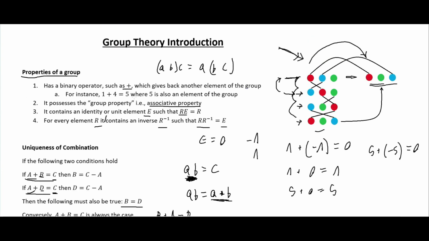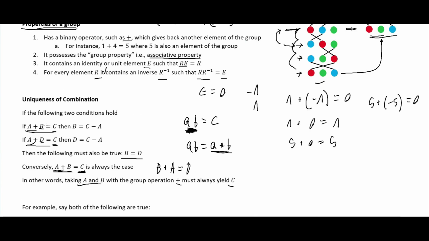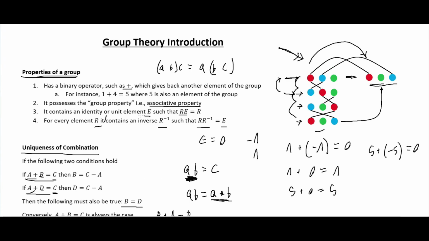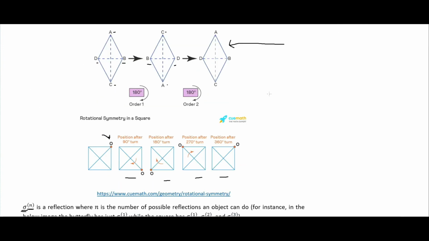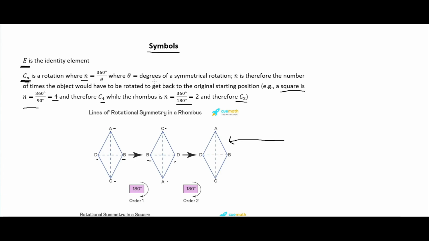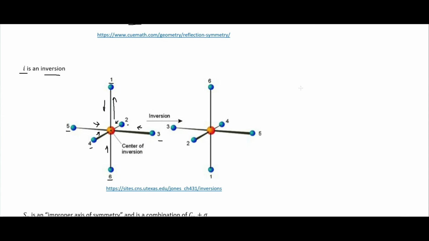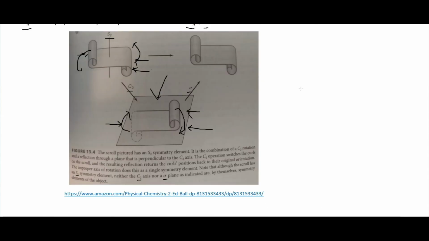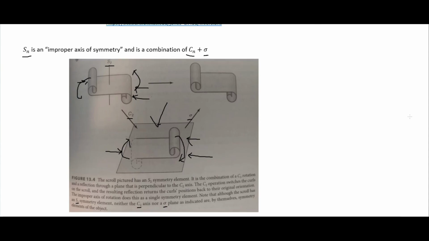So I think the takeaway from this are these properties of the group, that we have this uniqueness of combination, that groups, as I said, don't have to be just with numbers. And in fact, as I said, quite often they're not with numbers. These symmetry groups are probably one of the most important parts of group theory, and that's why it's going to be the ones I use a lot.